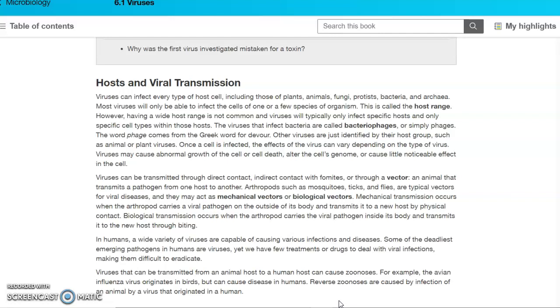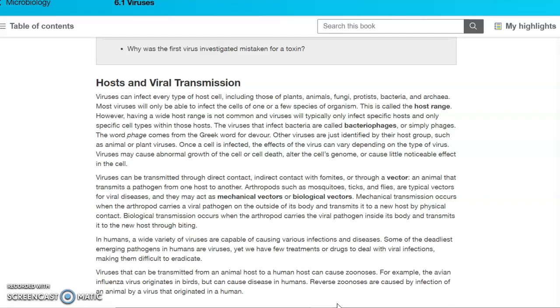Viruses can be transmitted in a variety of ways, just like other pathogens can. And later on in the semester, I'll do a specific lecture on all of the different modes of transmission. Viruses can cause a wide variety of different types of infections and diseases. They can be transmitted between different types of animals.